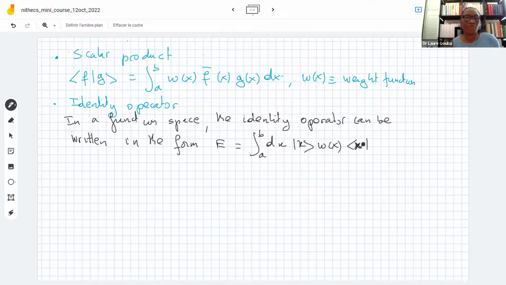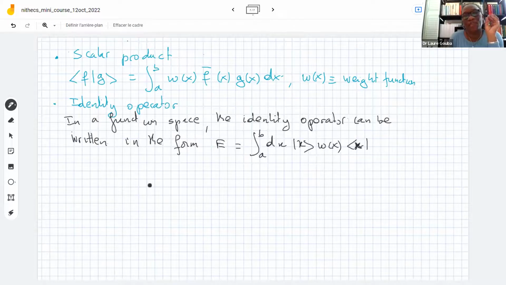Okay, this can be seen as the identity operator, and also how one can consider the scalar product.